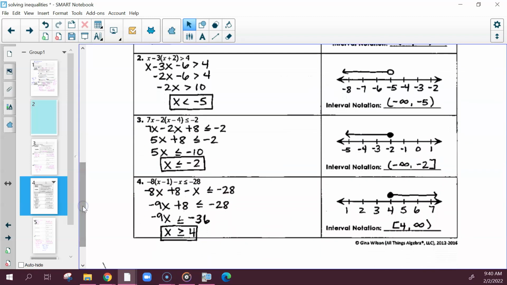Starting with number 2, so I'll say the inequality talks about the direction, whether it's open or closed, and then the interval notation. So for number 2, you should have gotten x is less than negative 5, so that would be an open circle to the left. Your interval notation would be negative infinity to negative 5, both with parentheses.